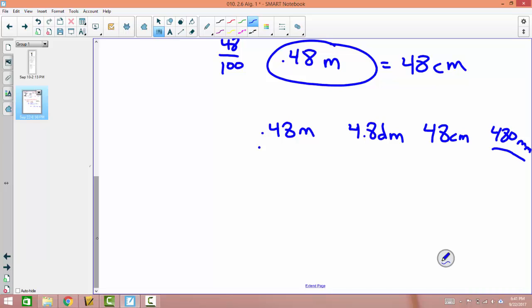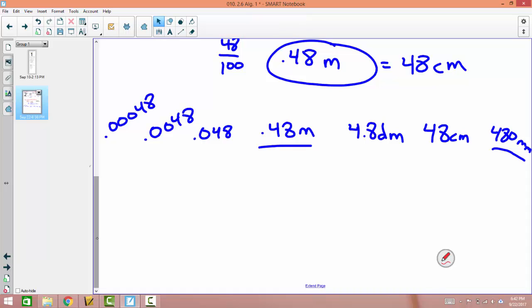So if something is 48 meters, you're going to have a heck of a lot more of them if you're measuring it in terms of millimeters. And then if you're measuring it in terms of decameters, it's going to be 0.048. Move the decimal back. And then in terms of hectometers, 0.0048. And in terms of kilometers, 0.00048, because you're just moving the decimal each time.